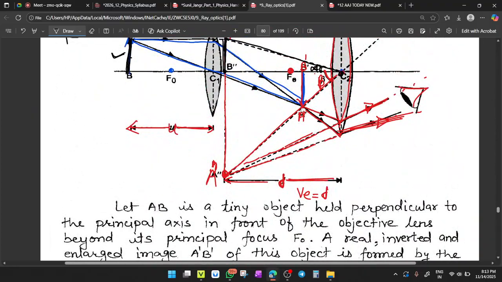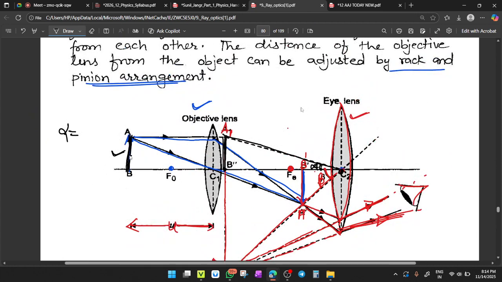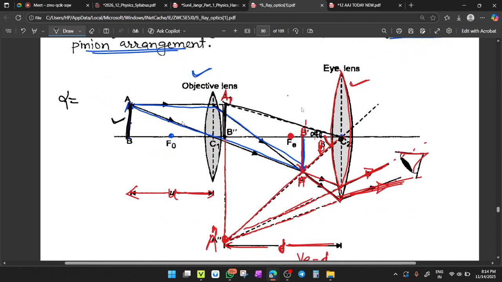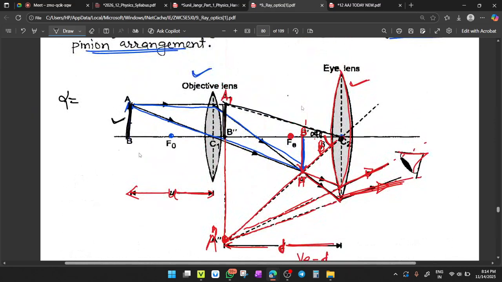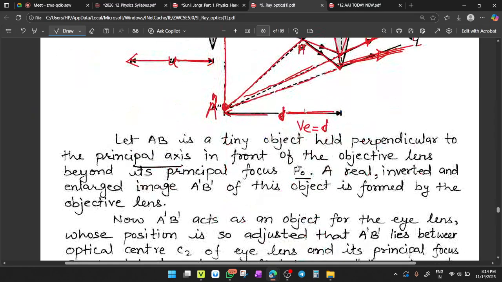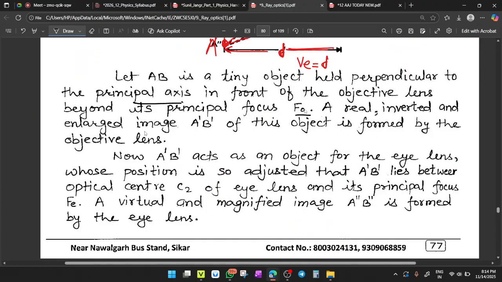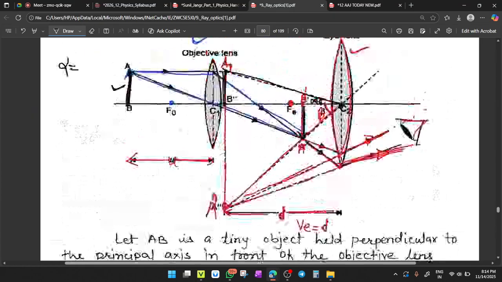Let AB be the tiny object held perpendicular to the principal axis. Yes, this is the very small object, like a bacteria slide, which we have placed in front of the objective lens, on the principal axis, beyond its principal focus FO. Yes, it has to be beyond its principal focus FO, so it can make its real image. This image has to be real. A real, inverted and enlarged image A dash B dash.